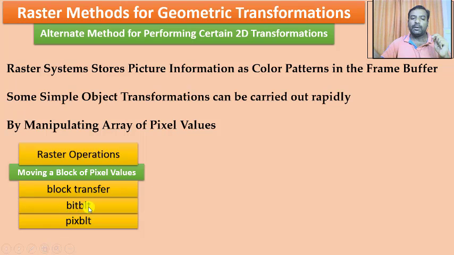I am going to create a block of bits, which are pixels, and apply a transformation or transfer. Hence we call this bitblt. Or, since the bit is the pixel information, we can even call this a pixel block transfer. Hence the raster operation which we use on a block of pixels for any kind of transformation, we are going to call by any of these terms.